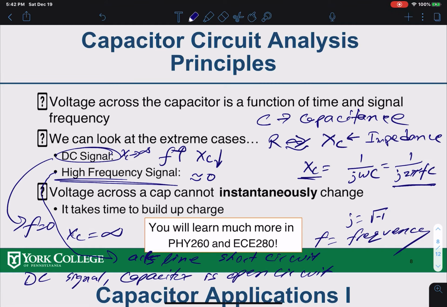All right, so that's all for the capacitor, how they behave for different extreme conditions.